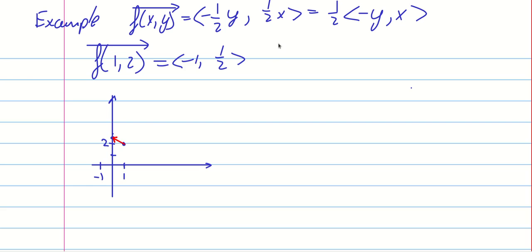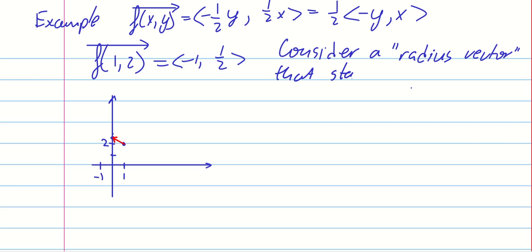All right, but then if we continue with this problem, we can do the following. We can consider a so-called radius vector that starts at the origin and goes to our starting point, goes to 1 and 2.